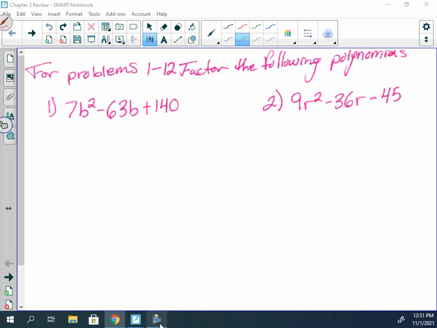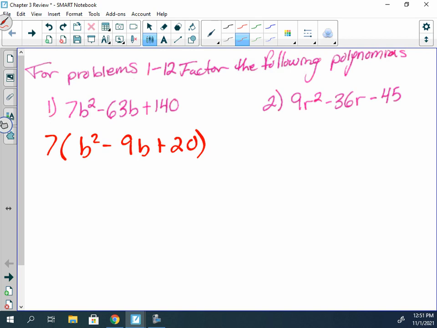So we're wanting to factor 7b squared minus 63b plus 140. Now the first thing we need to look for in factoring is a greatest common factor. So the first thing we need to do is factor out the greatest common factor of 7.